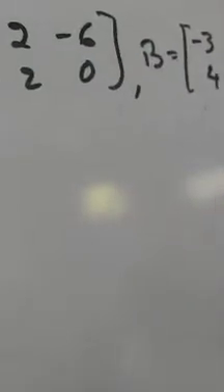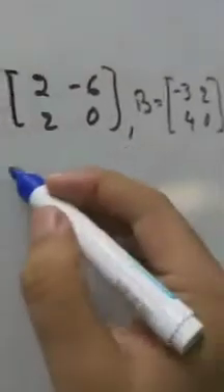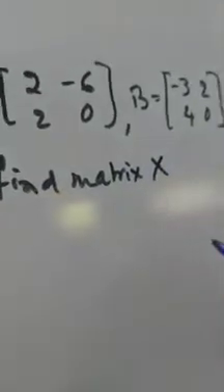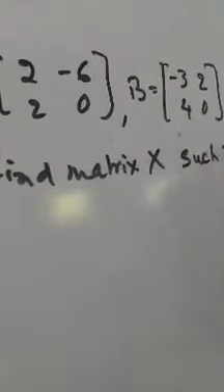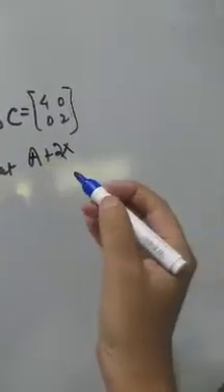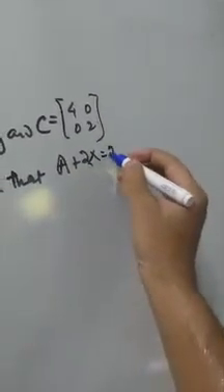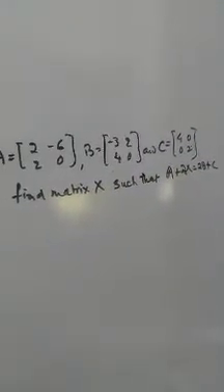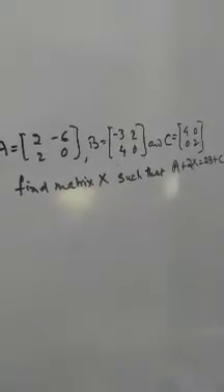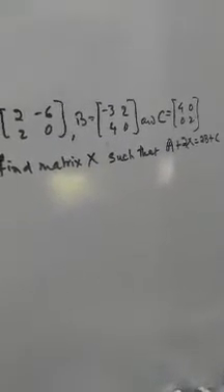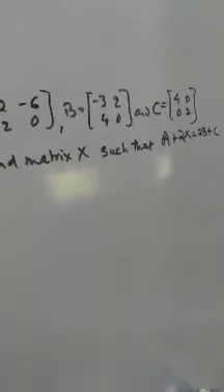Now you see the element is not asked, another matrix is asked. Find matrix X such that A plus 2X is equal to 2B plus C. So these are the matrices, and you have to find out the matrix X. It is written in capital, matrix X. No elements are asked, so you cannot equate the two matrices.